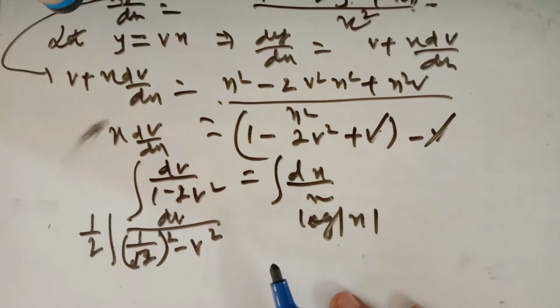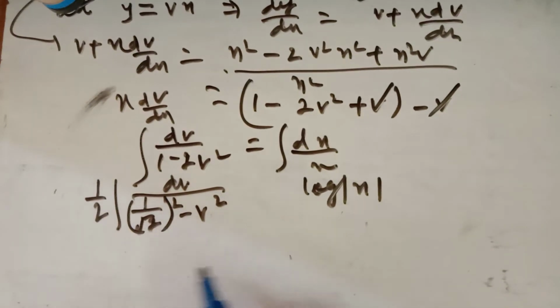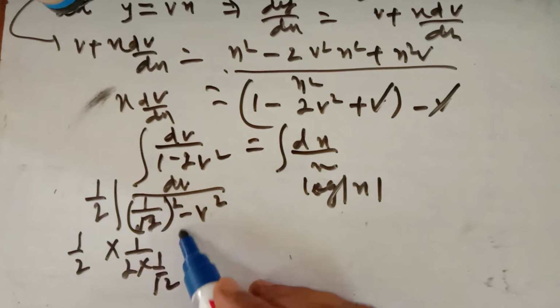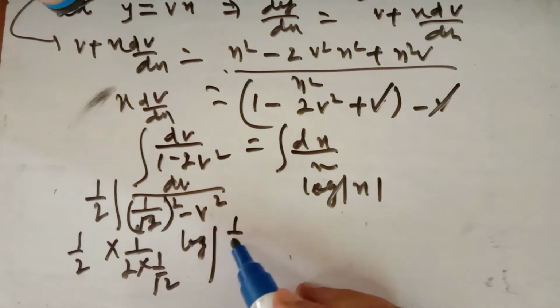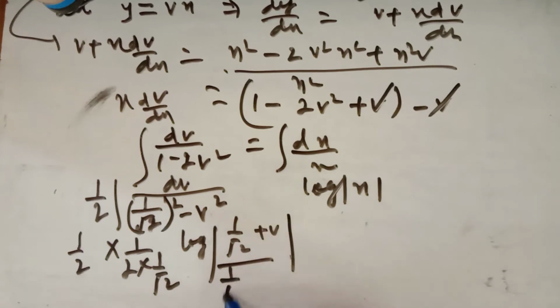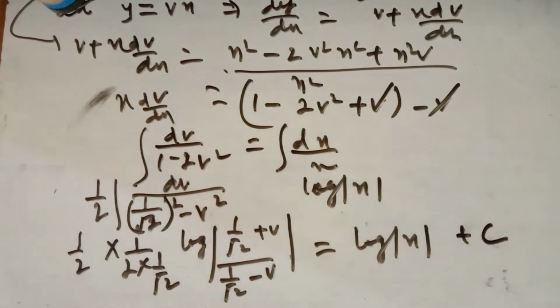So it is a special integral of 1 upon under root a square minus x square, which is equal to 1 upon 2a log of a plus x upon a minus x, plus log of mod x plus c.